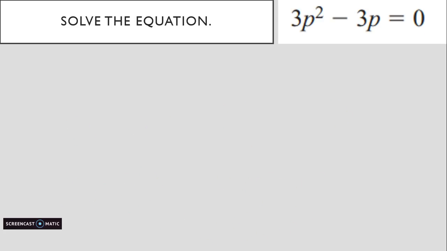Moving on to our next one here. It looks like our GCF for the coefficients, if the coefficients are the exact same, you've got to use that as your GCF. And then looking at P squared and P, looks like they share at least one factor of P each. And so we're going to use 3P as our GCF.